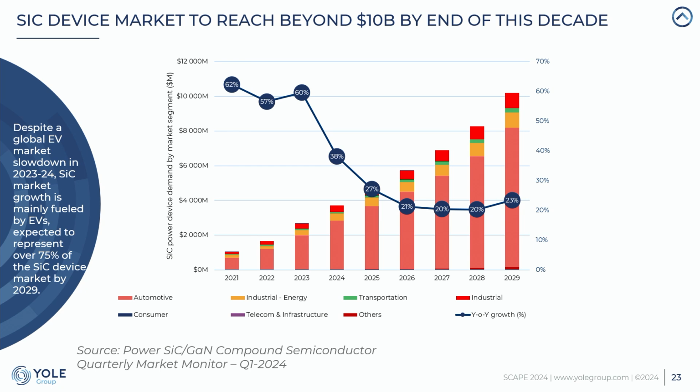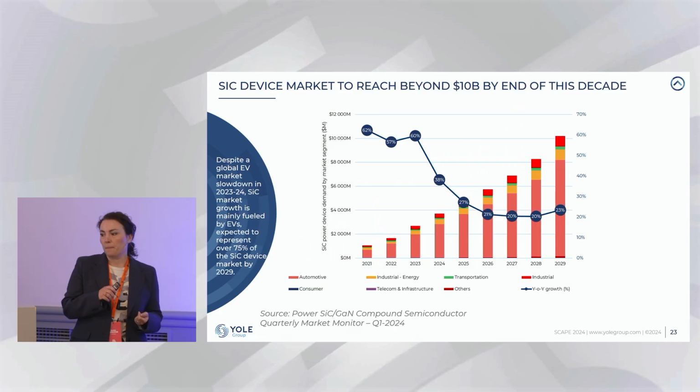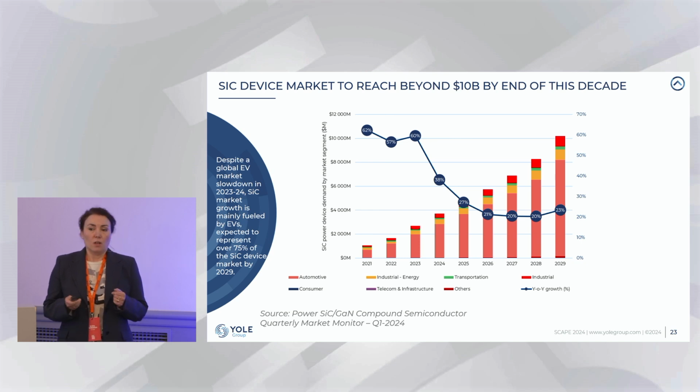Then a slow stabilization in the last years due to the economic situation, a consolidation in Q1 2024 now, and then why not a ramp up again thanks to the introduction of 800-volt vehicles, and then we expect again an increase of the silicon carbide market, mainly driven by automotive, but also industrial applications.